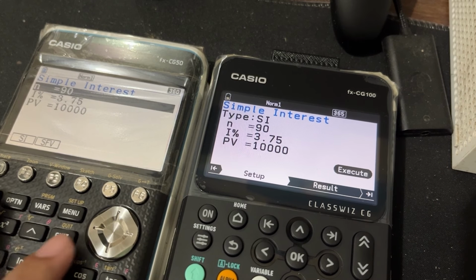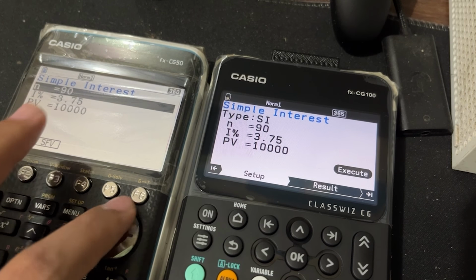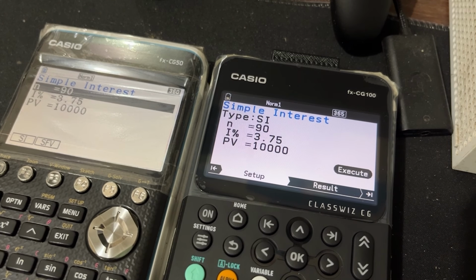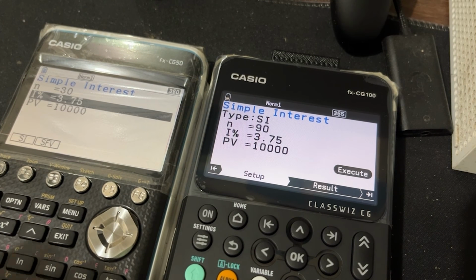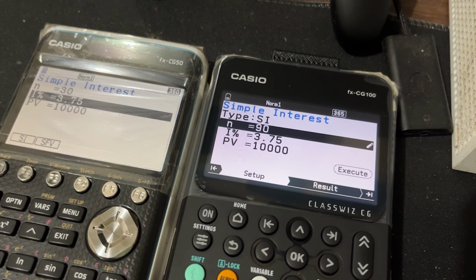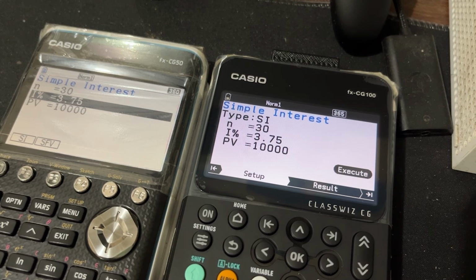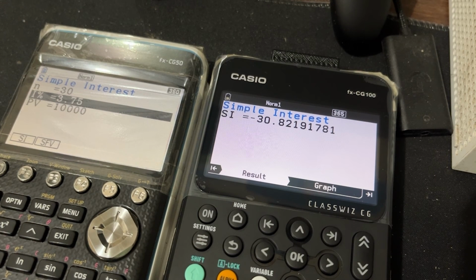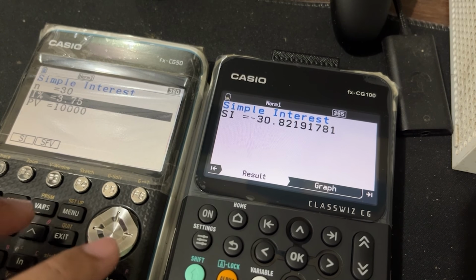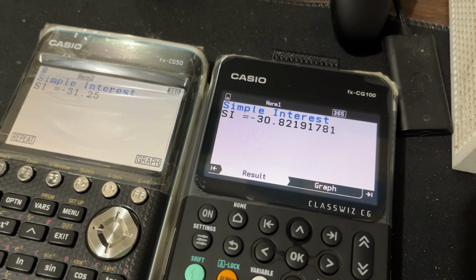So I'm gonna exit. Same. So in 1 month I get 30. This one is 1 month, 30. Click execute. 30 days. Execute. 31.